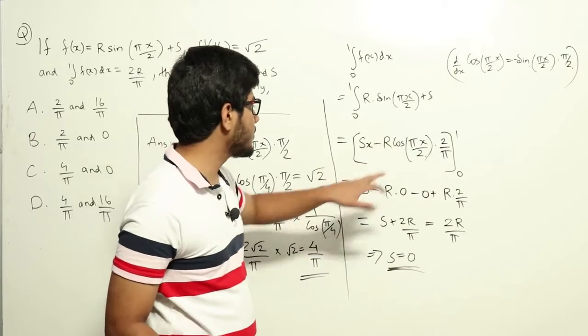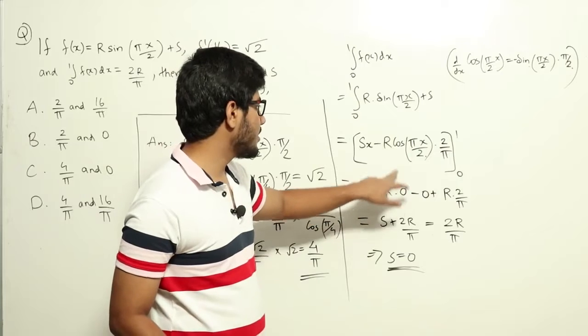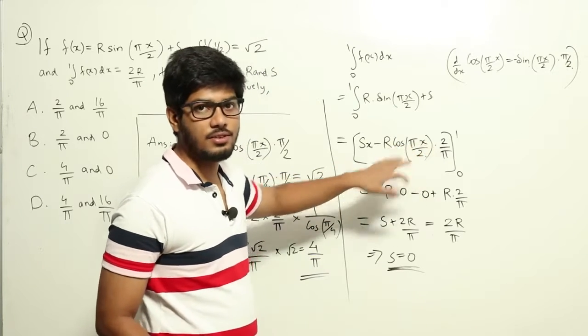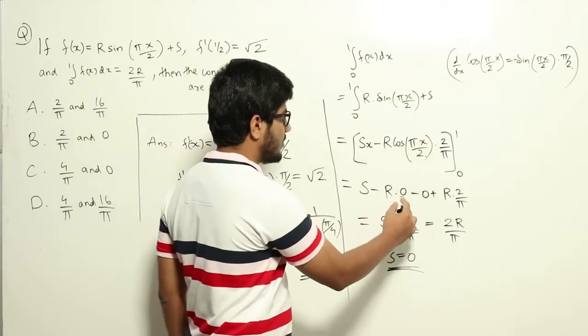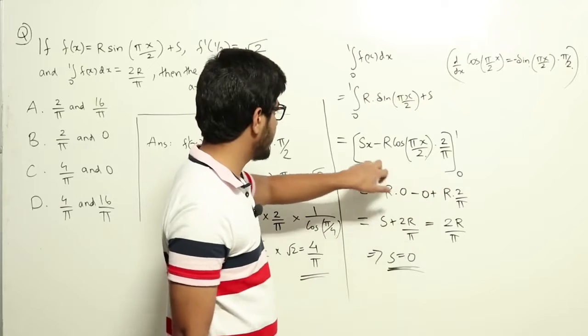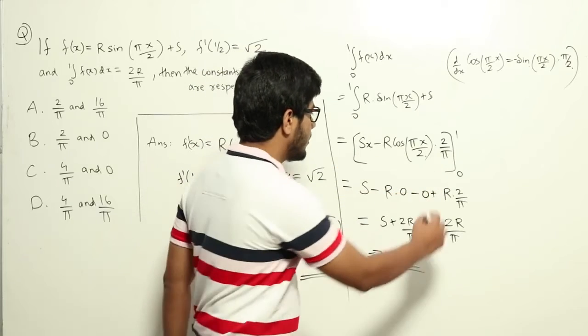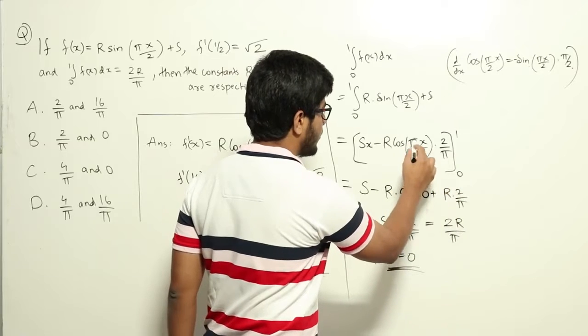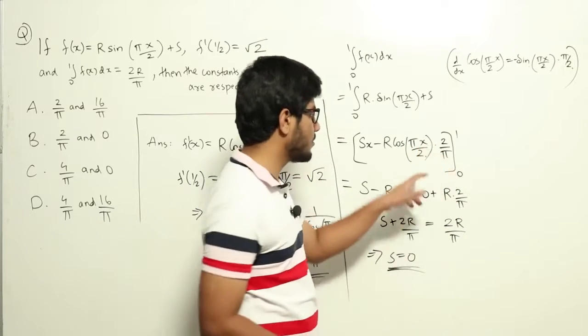So on substituting x equal to 1, we get s minus r into cos of, when x is 1 it becomes cos pi by 2, that is cos 90, that is 0, so minus r into 0. Now minus the value on substituting x equal to 0: s into 0 is 0, plus, since minus of minus is plus, r into cos of pi by 2 into x where x is 0, that is cos 0.